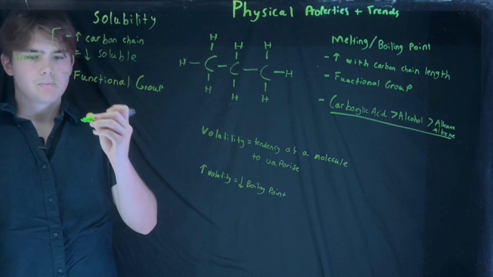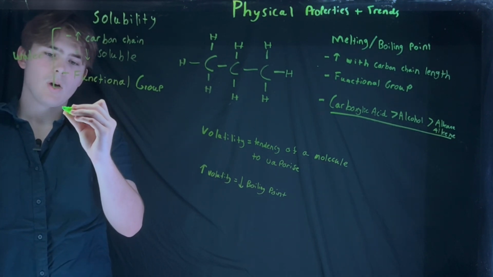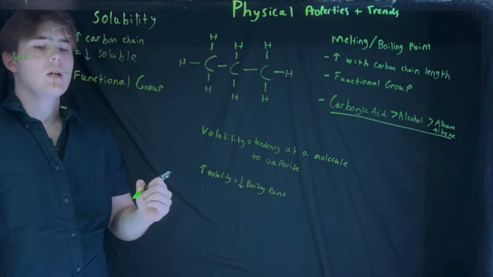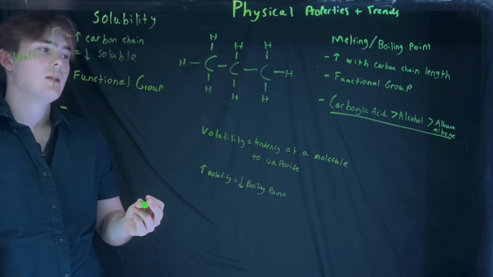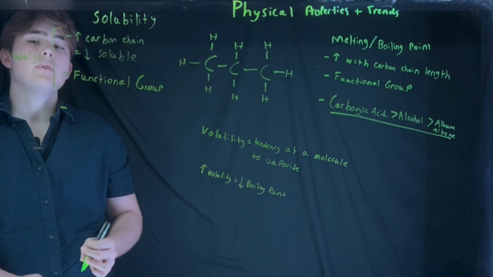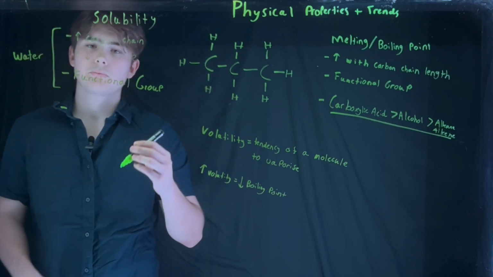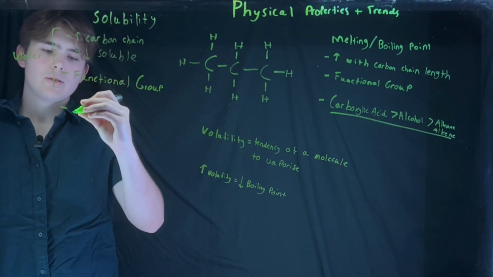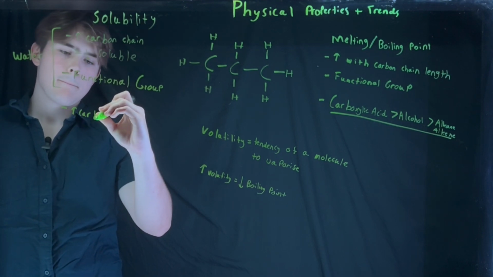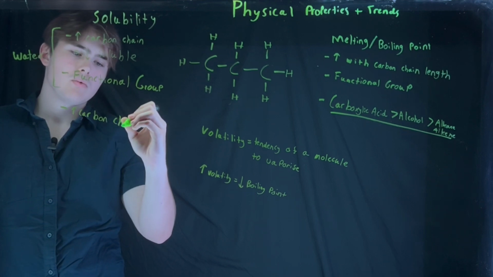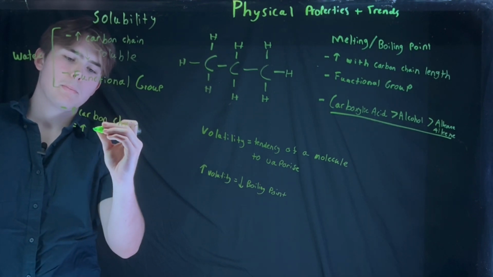Alright, so if we put a carboxylic acid in an organic solvent, it's actually going to be less soluble than an alkane and an alkene. So what happens in an organic solvent is it kind of flips around. Increased carbon chain equals more soluble.